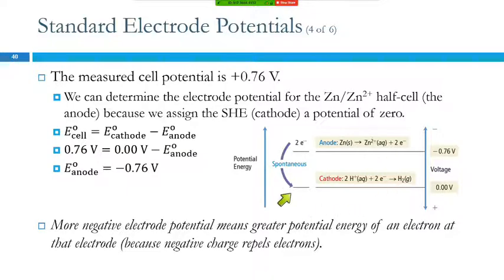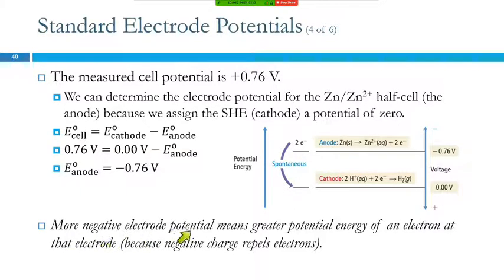We can look at an energy diagram for this and see that potential energy going up. The anode, the zinc, has a higher, a more negative, that's confusing, potential energy, and so the electrons will flow from the anode to the cathode like water going down a hill. This is a spontaneous reaction.